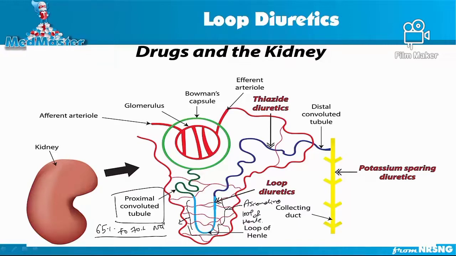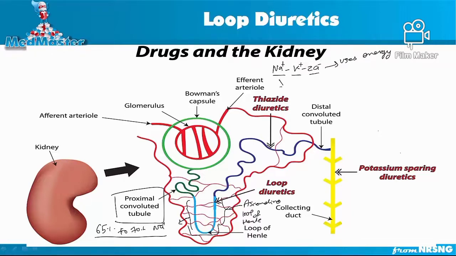Now we are interested in the ascending loop of Henle. In the ascending loop of Henle, there is a pump. It's called Na+, K+, 2Cl-. Now this pump uses energy to reabsorb sodium, potassium, and chloride back to the blood.